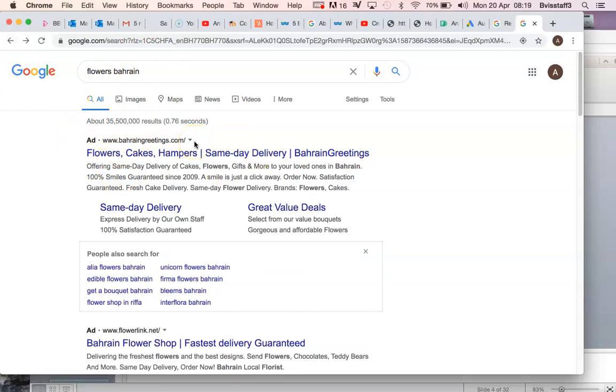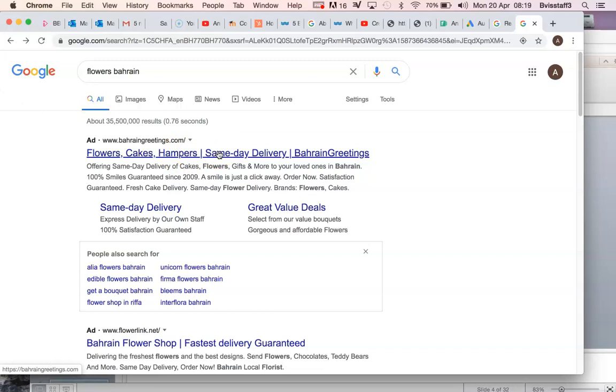I agree a fee with Google on how much I will pay every time someone clicks on this ad. So that is quite simply what happens. I agree on a fee or a price with Google that every time someone clicks on this ad, Google will be paid by my business.